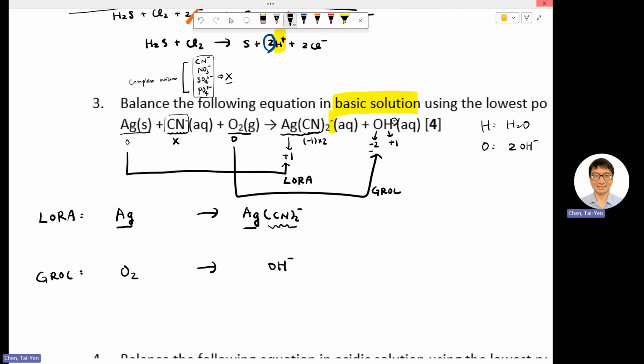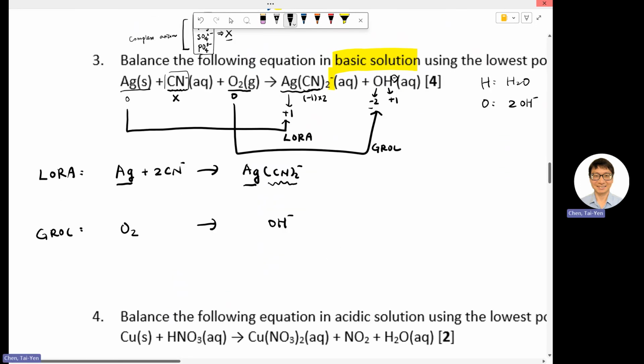Since you don't have CN on the left-hand side, this time you add in 2 CN minus on your left-hand side. After that, you are done, because you have the same amount of Ag and the same amount of CN minus. Then you can just move on to your G-rock.